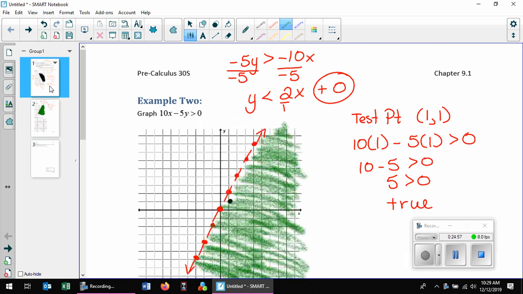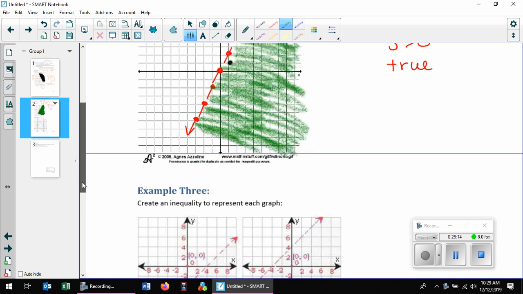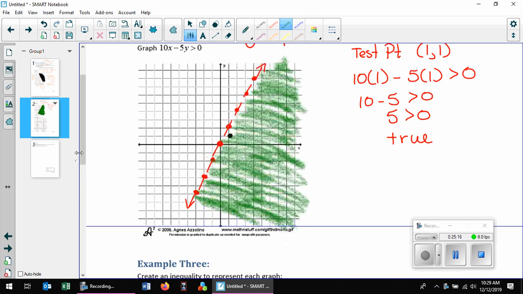But that was a question given. That wasn't the point that I picked to be a test point. Oh, okay. That was the question given. We didn't want that anyway. Well, I looked at my graph and 1, 3 is on it. That's what I did. Okay. Everybody okay with that? Decorate your tree accordingly.